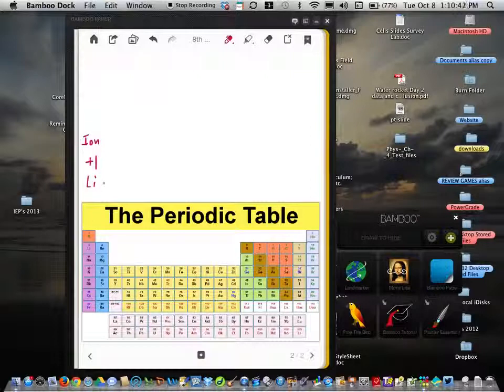How about group 2? Let's use magnesium as our example. They have 2 electrons in the outer level because it's in group 2A. It's easier to give up these 2 than it is to get how many more to make it 8? Well, 6. So it's easier to give up those 2, and it becomes +2.